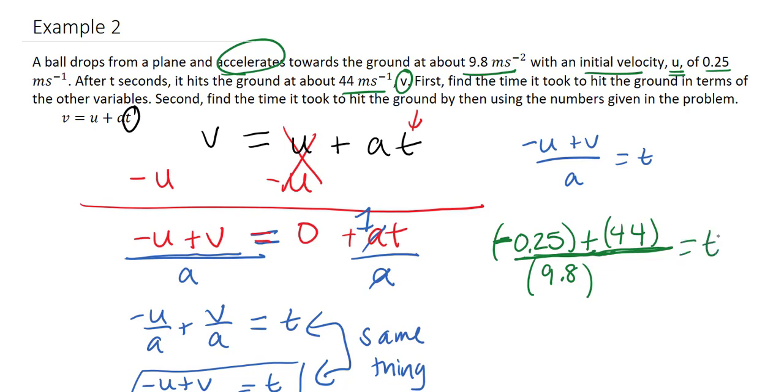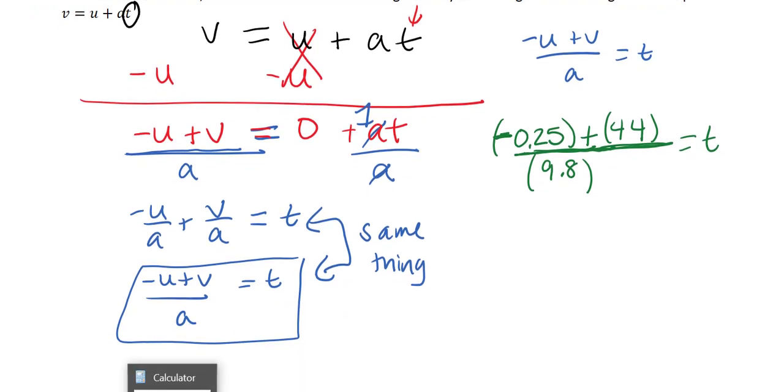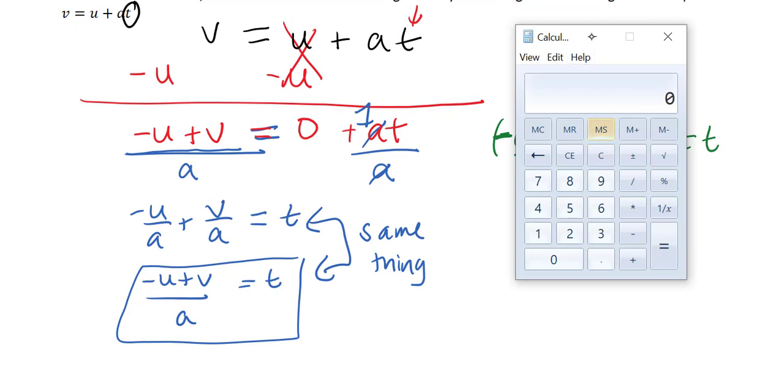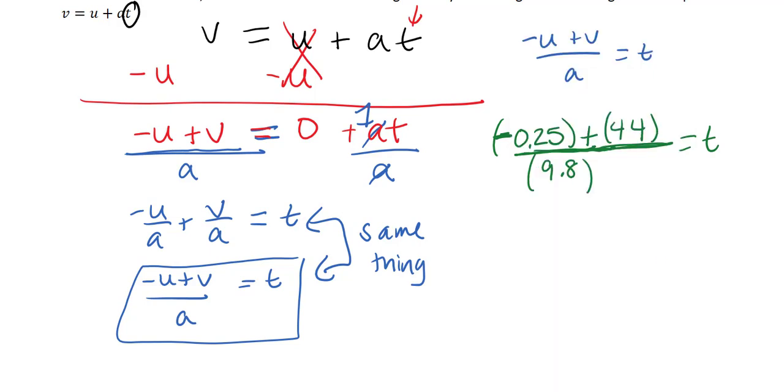We put those in parentheses, and then let's solve for t. So get our calculators out. Let's add. So we have negative 0.25 plus 44, which is equal to 43.75 for the top.